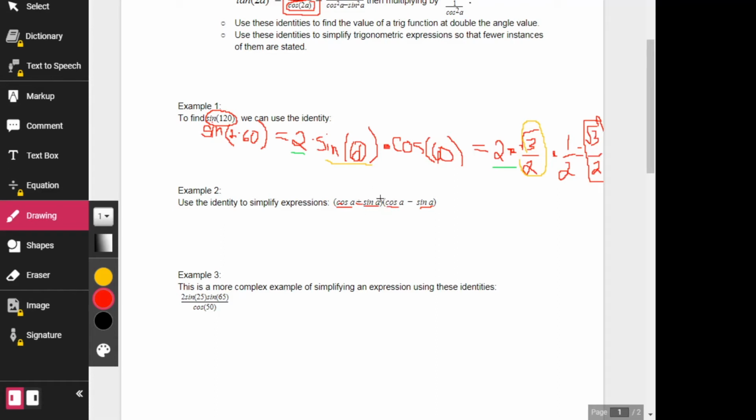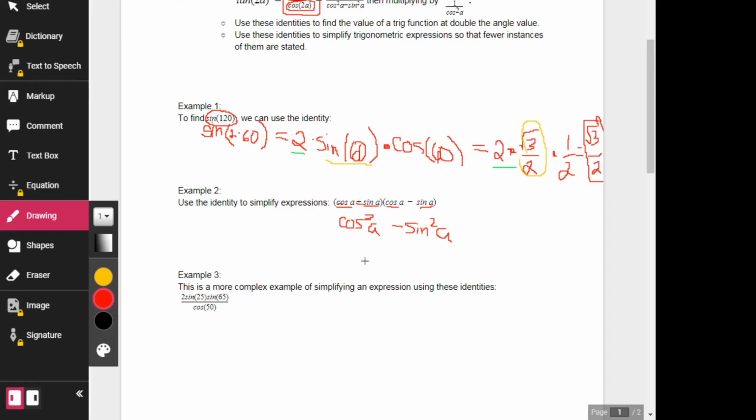Normally you would end up with a trinomial if you multiply two binomials, but because this is a difference of squares, I know it's going to look nice, with just two terms at the end. So we can go ahead and multiply this, and that'll get us cosine squared of A minus sine squared of A.